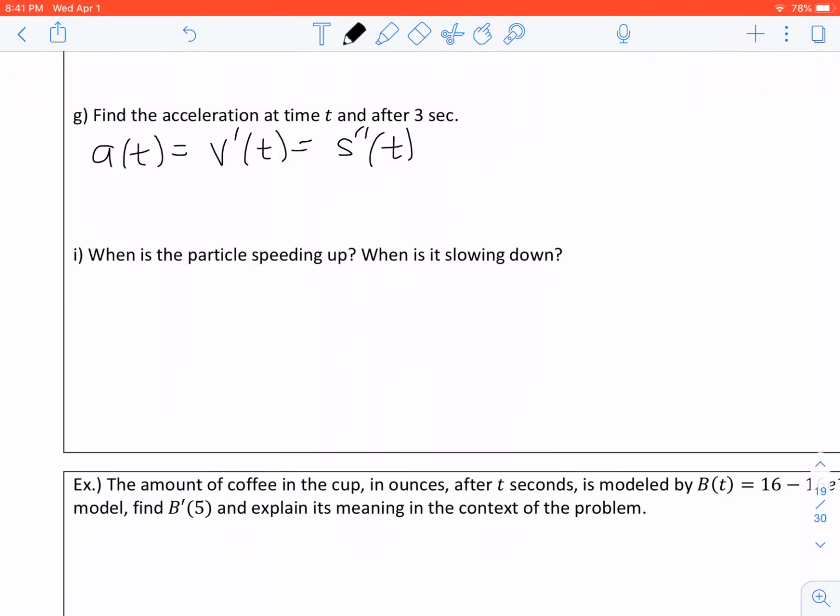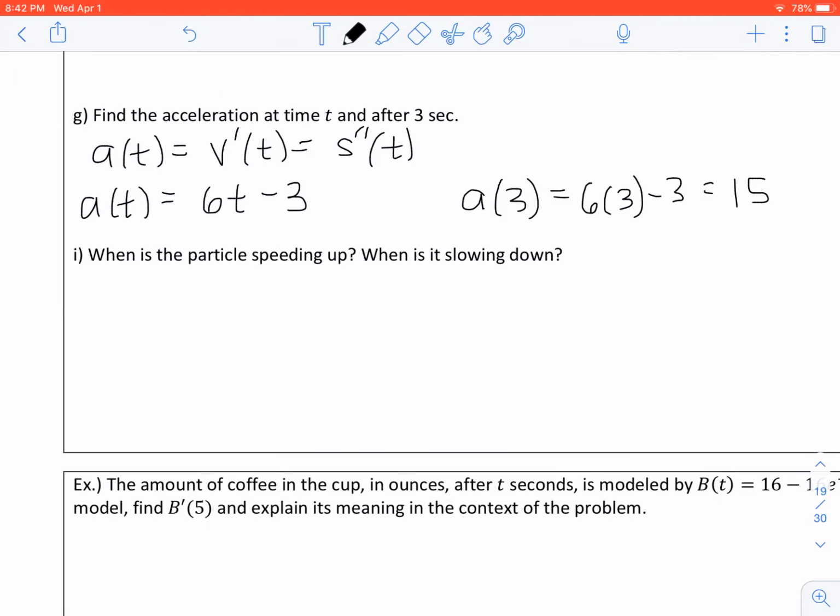So we have our acceleration function is equal to 6t minus 3 if you take the derivative of your velocity function. And it wants to know, find the acceleration at time t, that would be this, and then find the acceleration after 3 seconds. So 6 times 3 minus 3 equals 15. And the units are going to be feet per second squared.